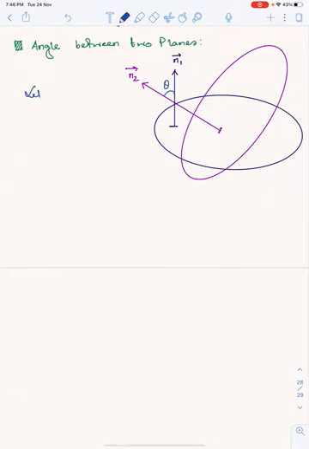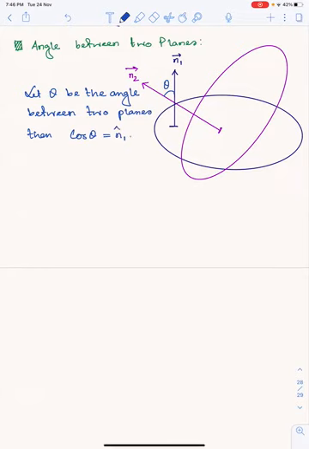So let theta be the angle between two planes. Then cos theta must be the same as n1 unit vector dot n2 unit vector. Is that okay with everyone?